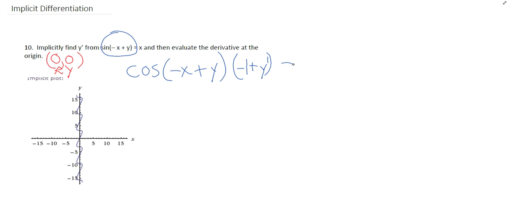And of course, the right side's pretty easy. It's just equal to 1.